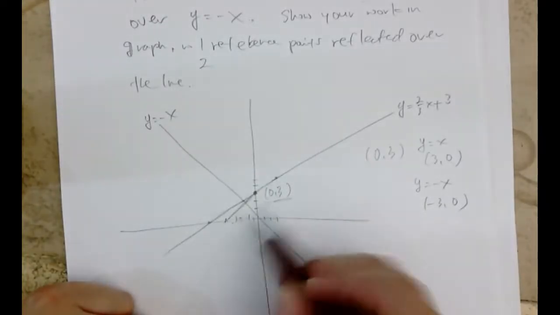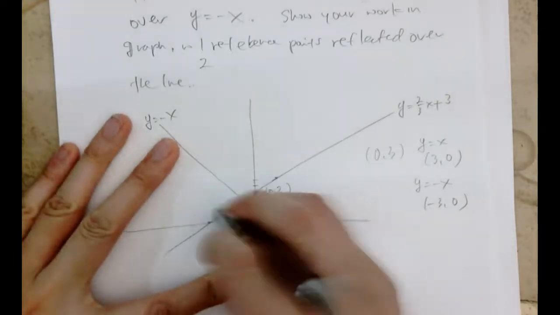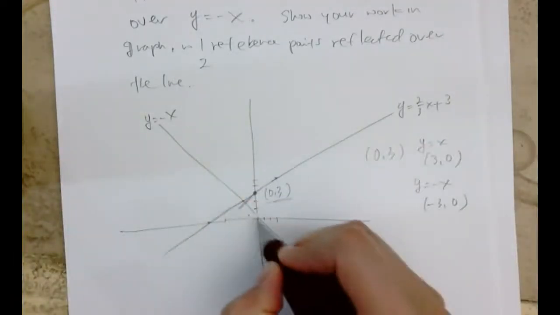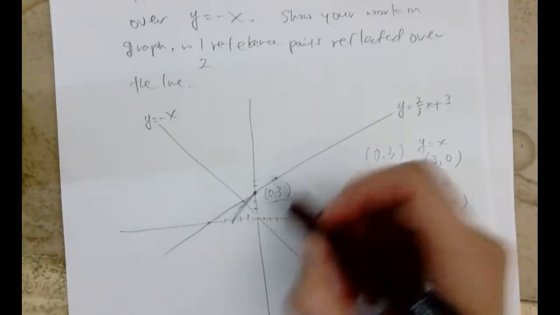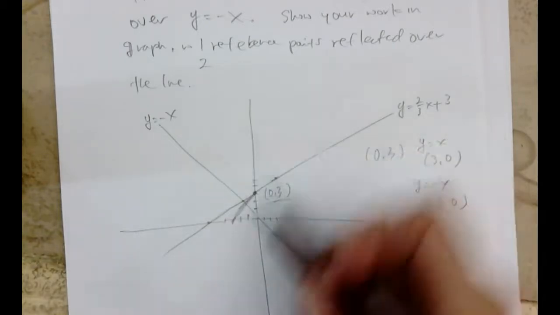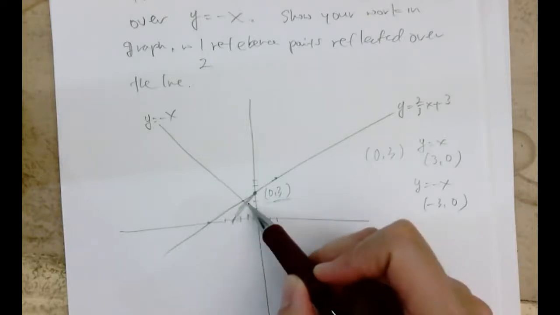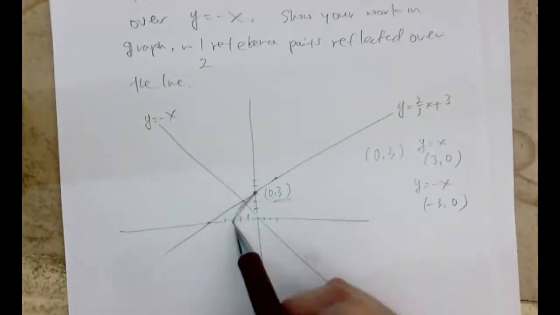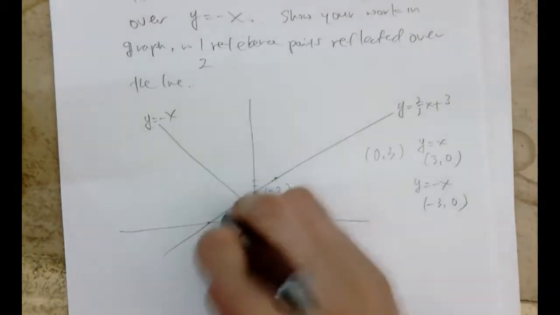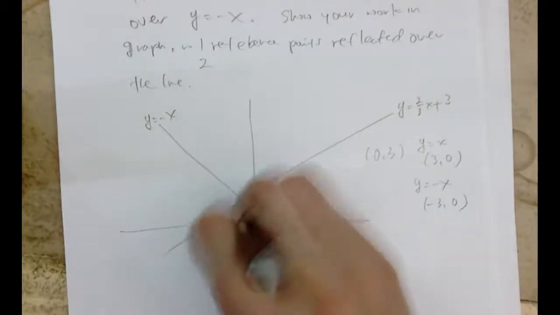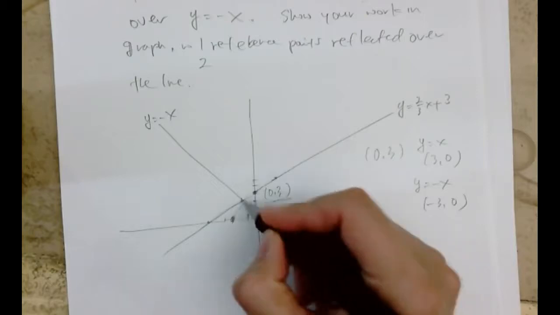I made it too long. 1, 2, 3, like that. So then this should be the same. And this is not the equation right now. I'm just showing that this point reflected over y equals negative x is going to go here. Okay, I'm going to erase this and go back here.